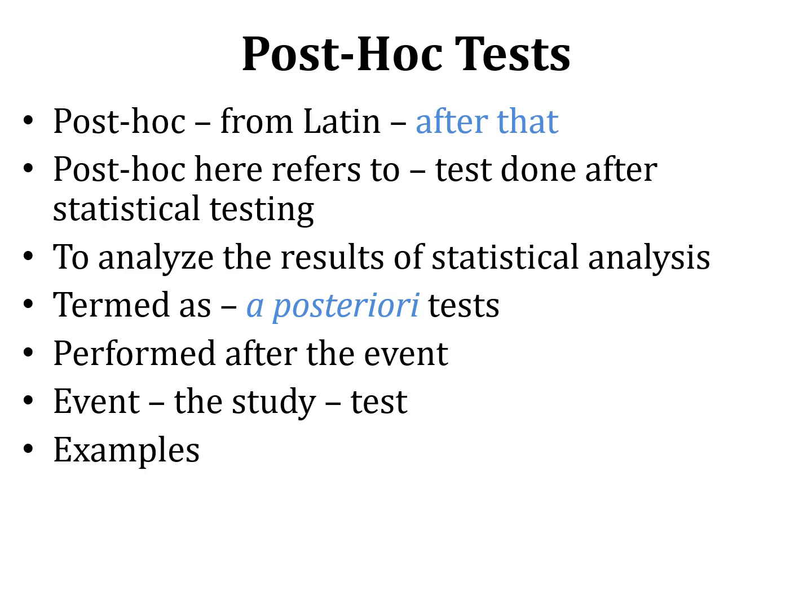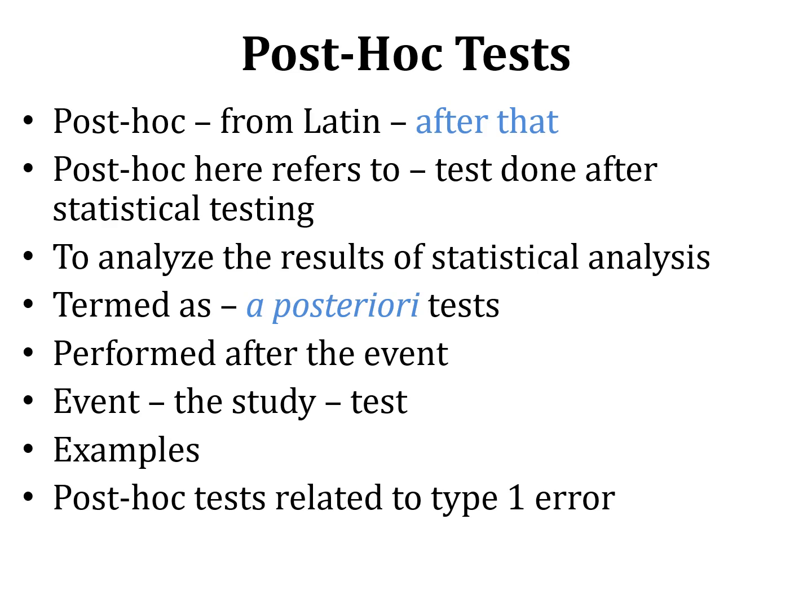Examples of the post-hoc tests. We have some post-hoc tests which are related to the type 1 error correction. And there are some post-hoc tests of ANOVA. So these are the two examples of the post-hoc tests that are used in statistical analysis. Remember, these are not your main statistical test.